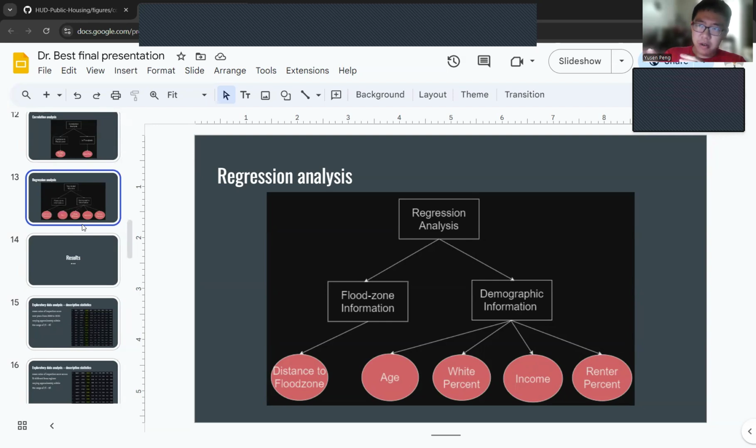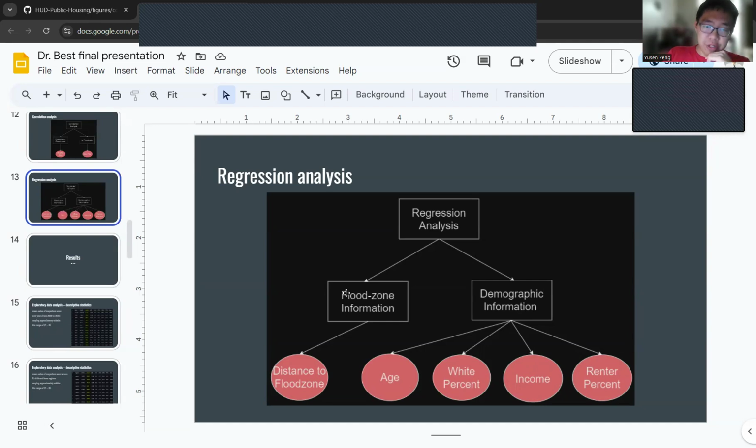Both the binary variable is in floodplain and the continuous variable distance to flood zone can be really similar. We can definitely add it later for a more comprehensive, more rigorous analysis of the regression.